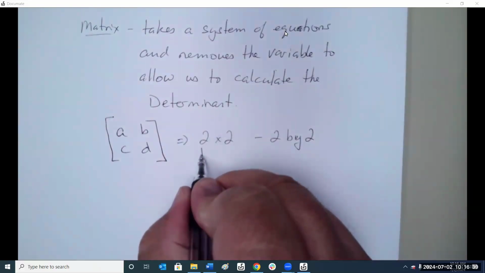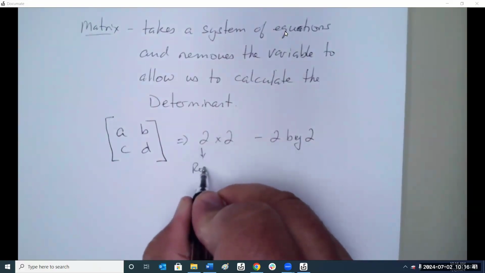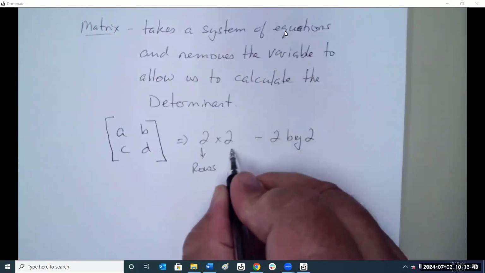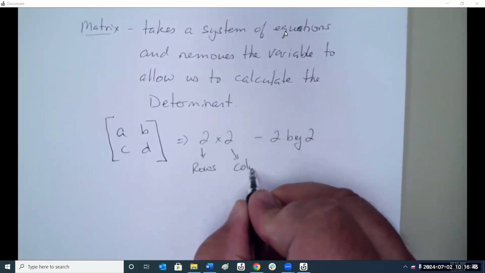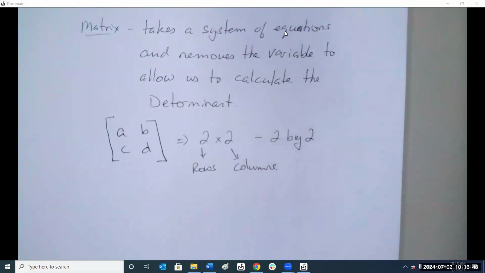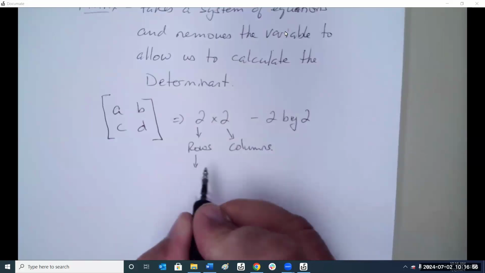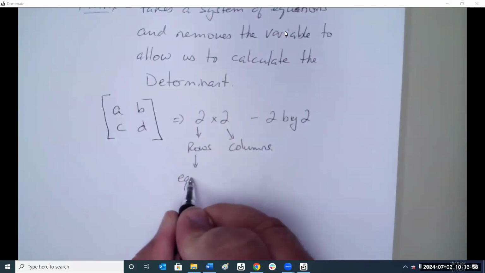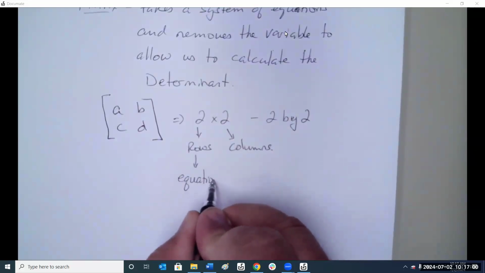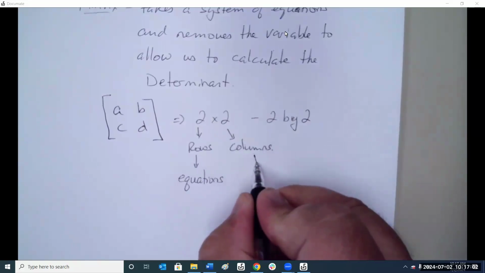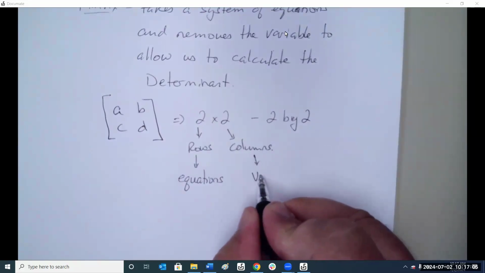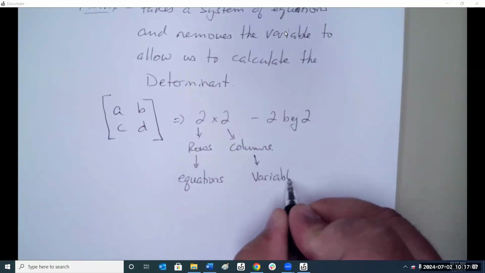The first number is the number of rows, and the second is the number of columns. The rows represent the equations, and the columns represent the variables.